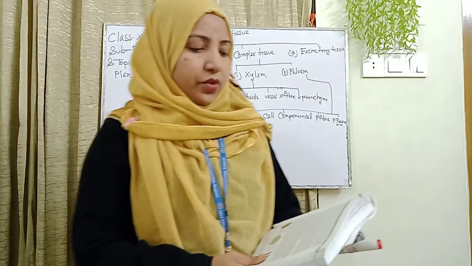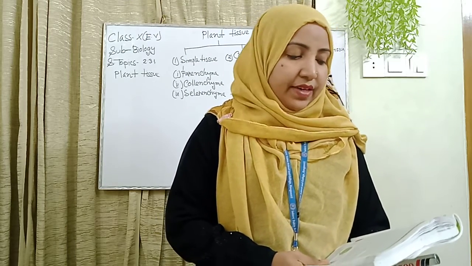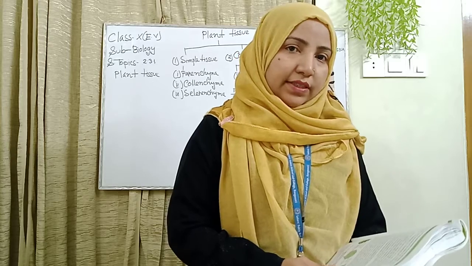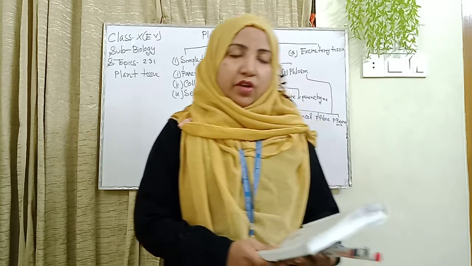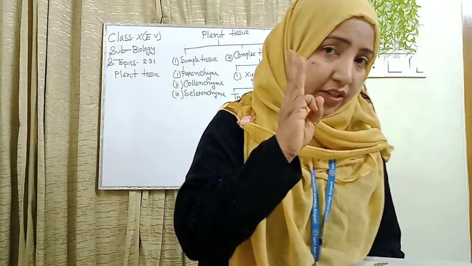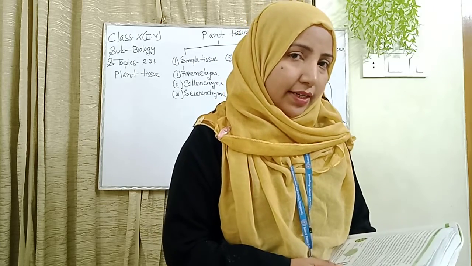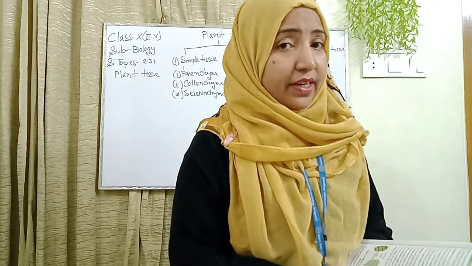The permanent tissue which contains cells of the same shape, same size and structure is called simple tissue. On the basis of the nature of the cell, simple tissues are basically of three types. The first type is parenchyma, another is collenchyma and the third is sclerenchyma.